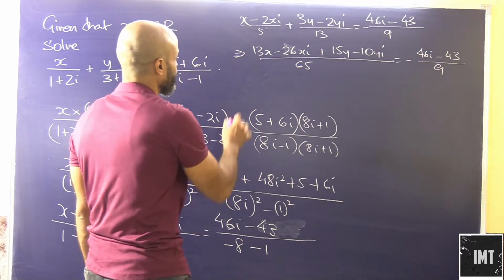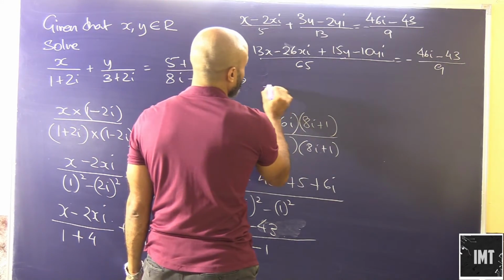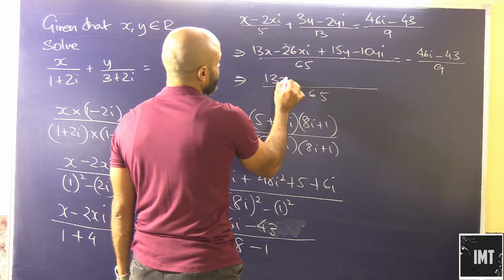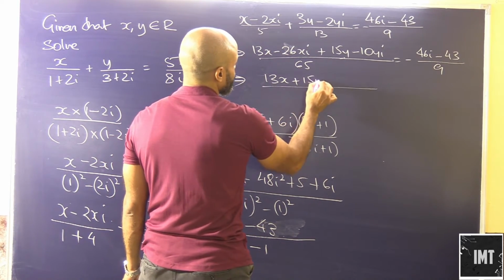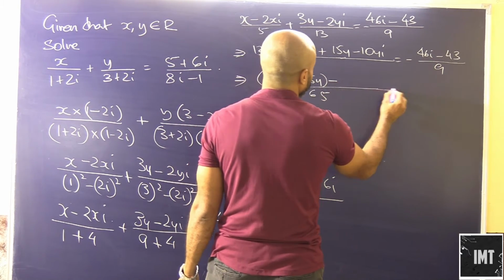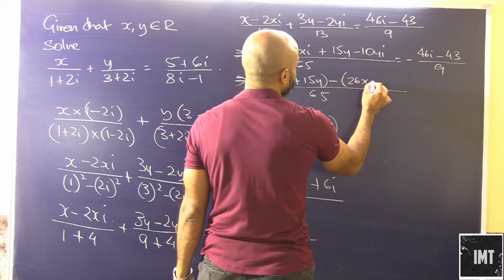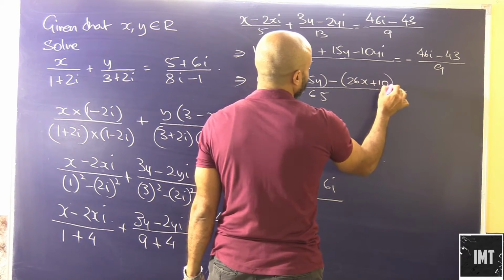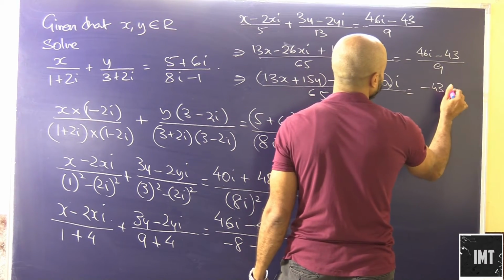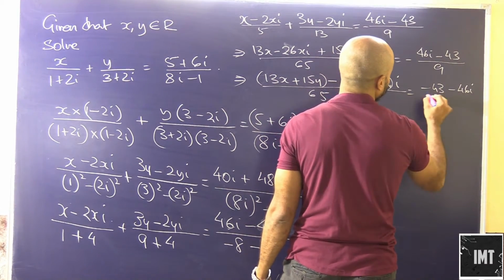So this is going to be how much? 65. If I arrange all the real parts in one place, so 13x plus 15y minus 26x plus 10y is equal to minus 43 minus 46i by 9.